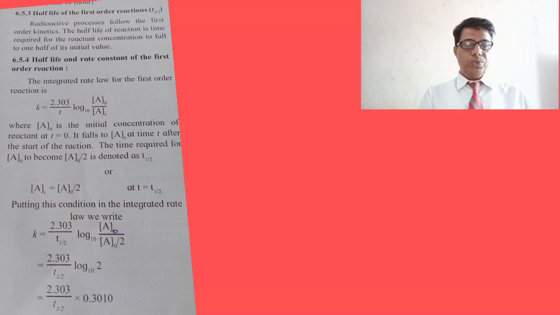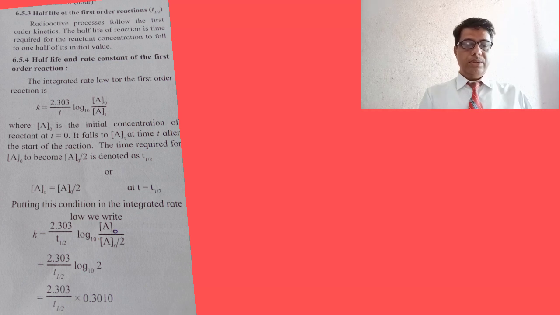Now it falls to A_t at a time t after the start of the reaction. The reaction starts, then after some time, that is at a particular time t, it becomes A_t. The time required for A_0 to become A_0 by 2 is the half-life.